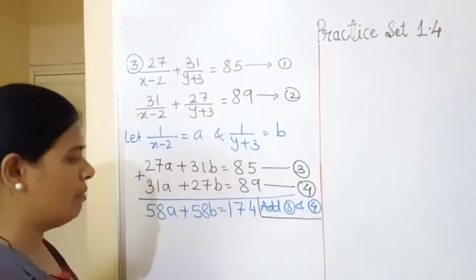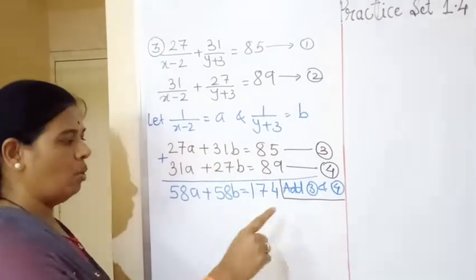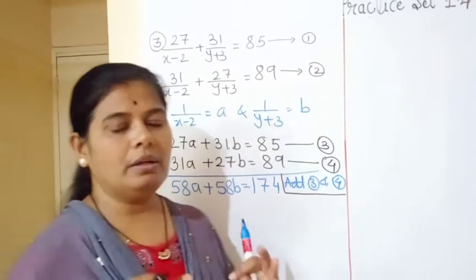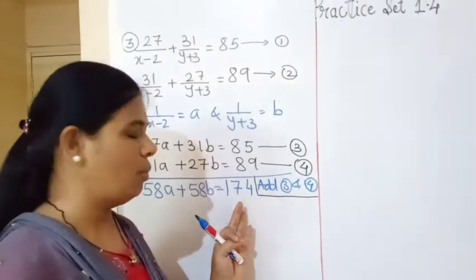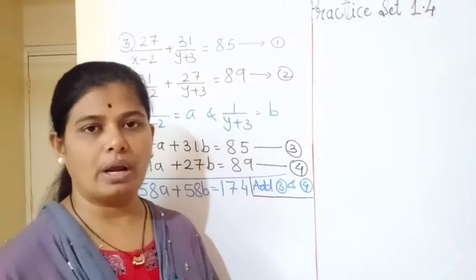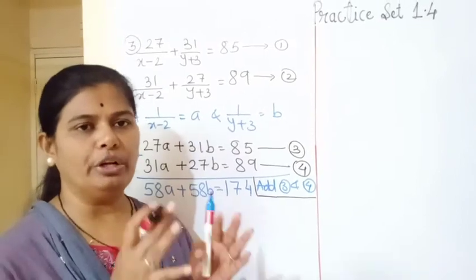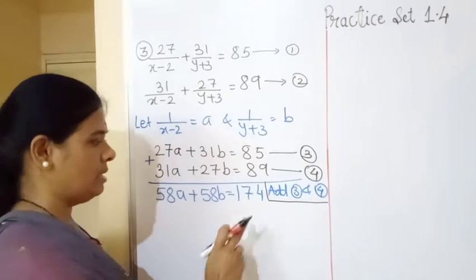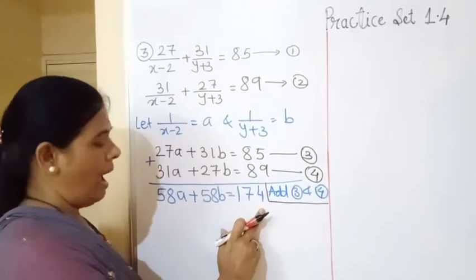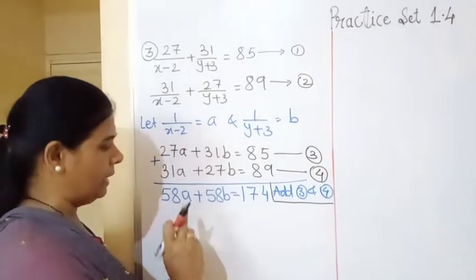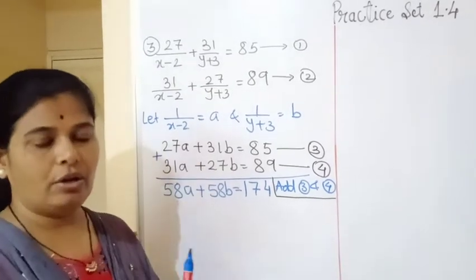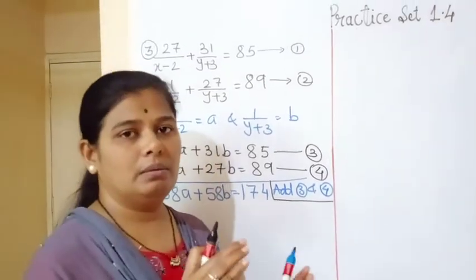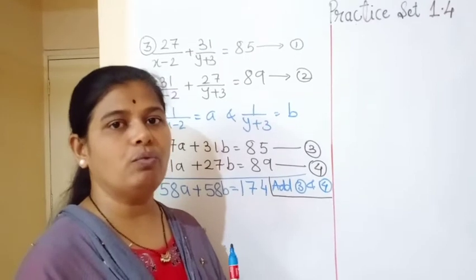So now what do we have to do? We have to divide the whole equation by 58. Is 174 in the table of 58 or not? We have to check. For that purpose, no need to make the whole table. As I told you, which trick we have to use: in the unit place there is 4 and here it is 8 for the 58. Now in the table of 8, you have to see where at the unit place the 4 comes.